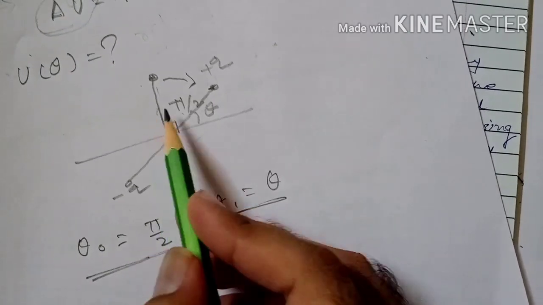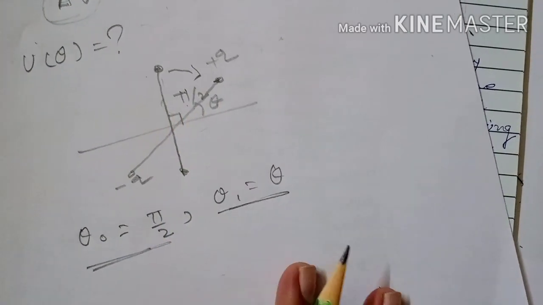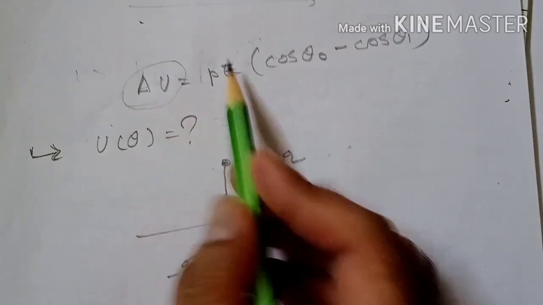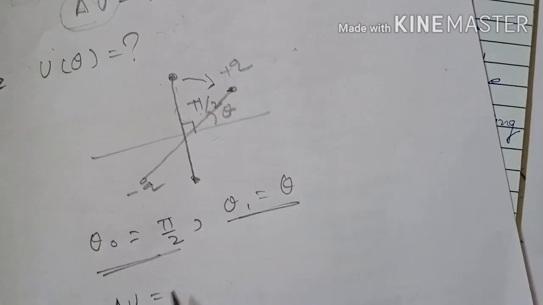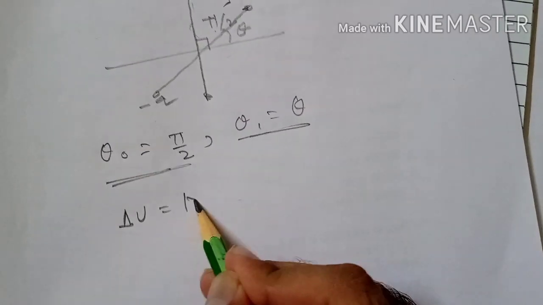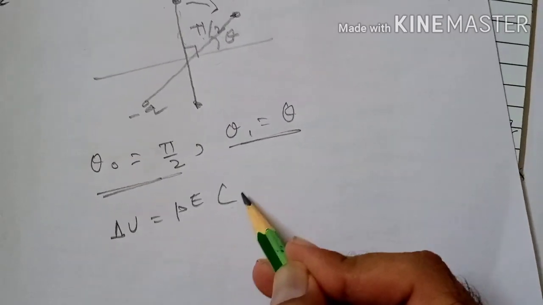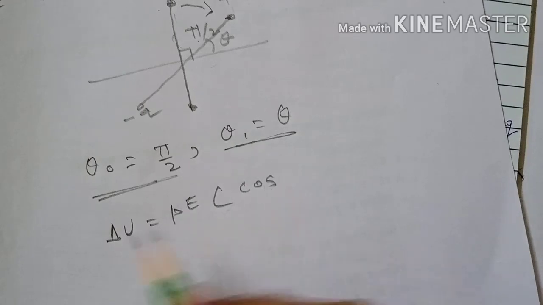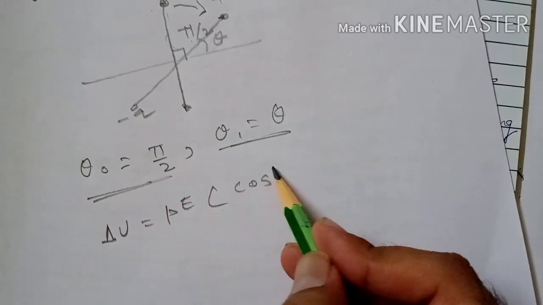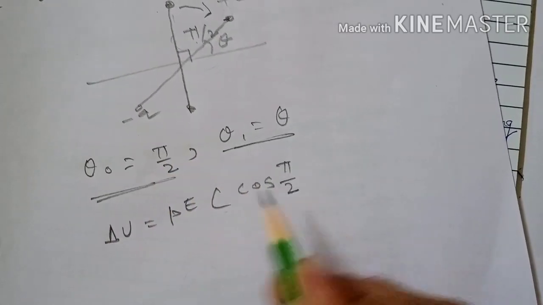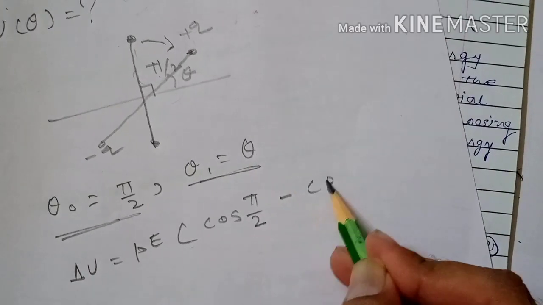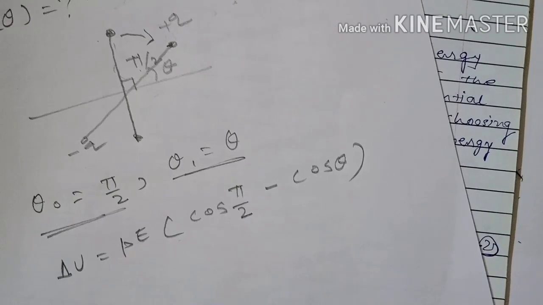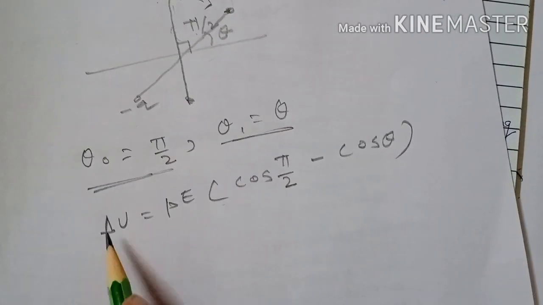So if we rotate the dipole from pi by 2 to theta, then the formula of change in potential energy can be written as delta U is equal to Pe (cos theta naught, that is cos pi by 2, minus cos theta 1, that is cos theta). What is delta U?